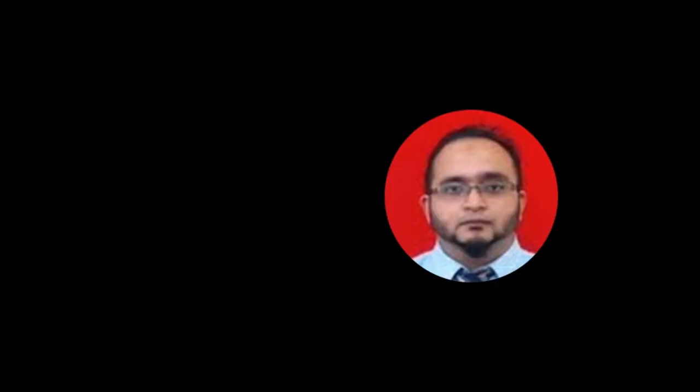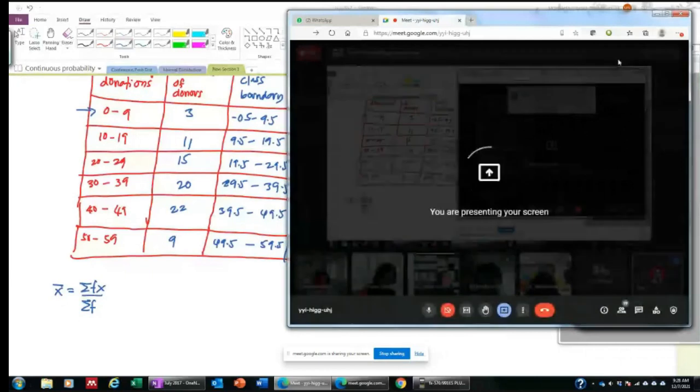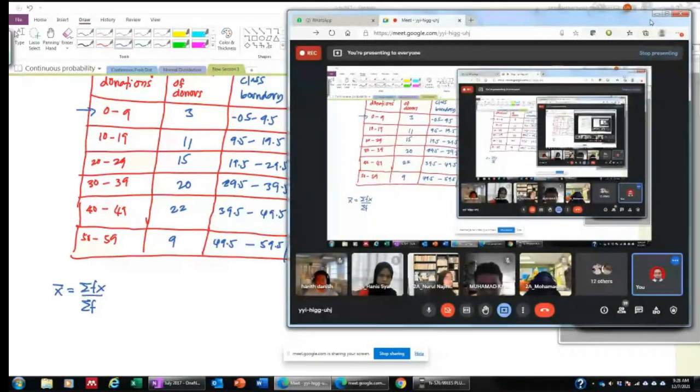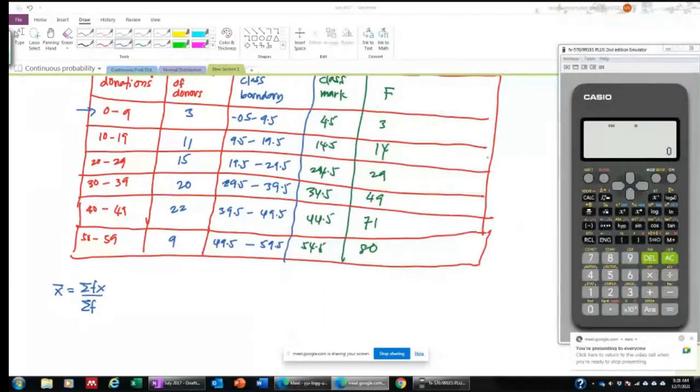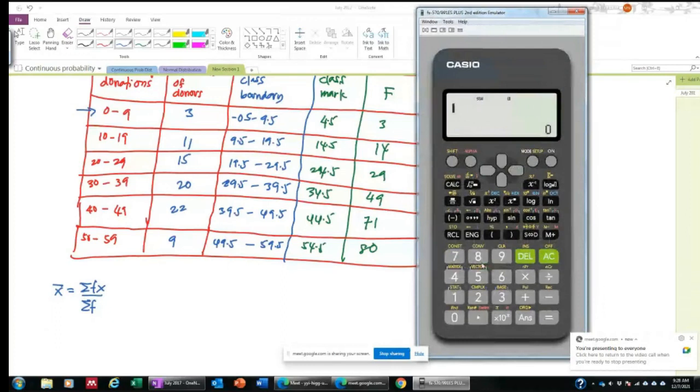I stop sharing and then I share the whole screen. Still some people want to join. Right. So what we need to do now, you can see my calculator, right? Right.